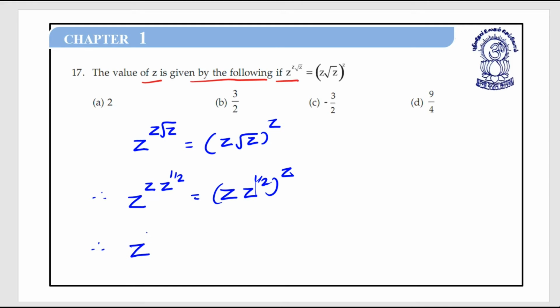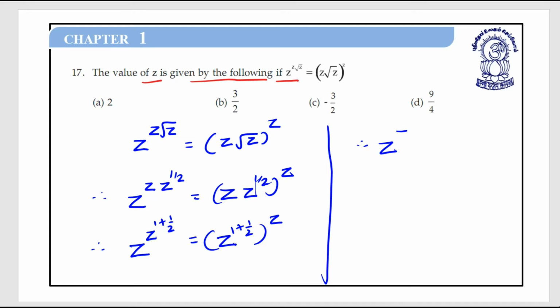So z raised to 1 plus 1 by 2 is equal to z, 1 plus 1 by 2 z. So z raised to z 3 by 2 is equal to z raised to 3 by 2 z.